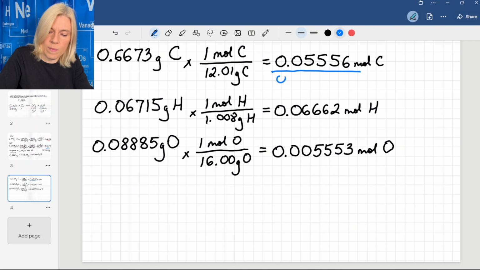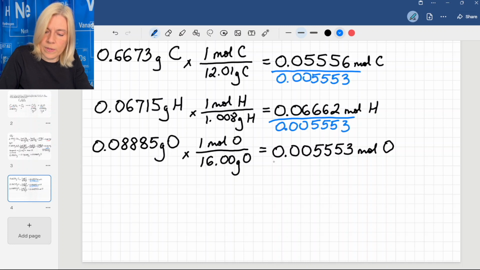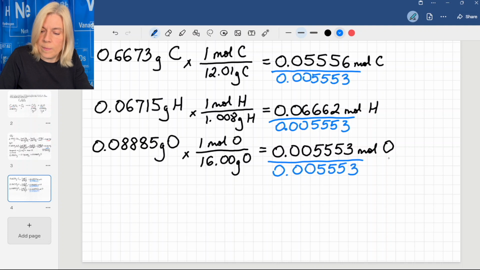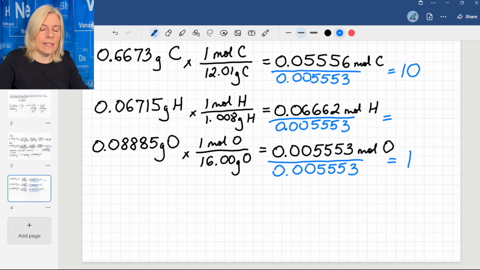So we are dividing each by 0.0055553, because these are ratios. And we're going to get 1 for oxygen. You can clearly see carbon is going to be 10, and hydrogen is going to be 11.99, so I'm going to say 12.